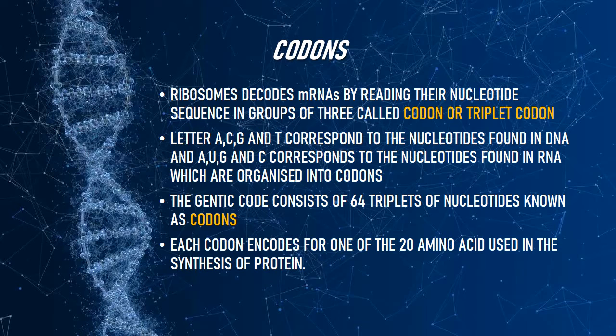The genetic code consists of 64 triplets of nucleotides. Each codon encodes for one of the 20 amino acids used in the synthesis of protein.